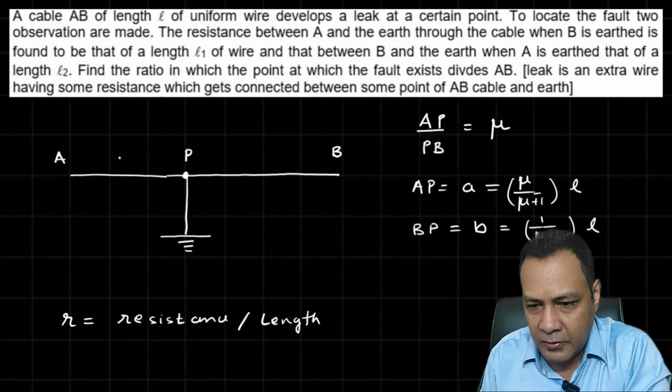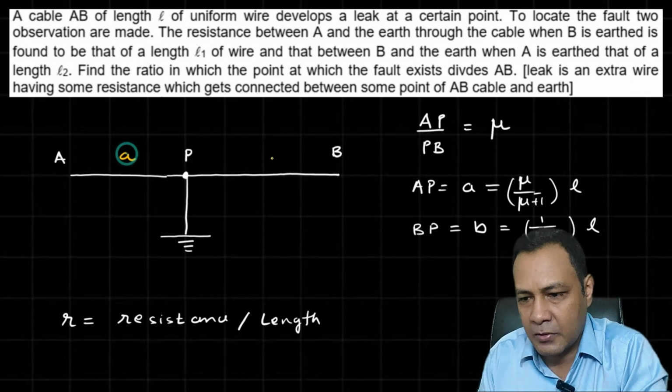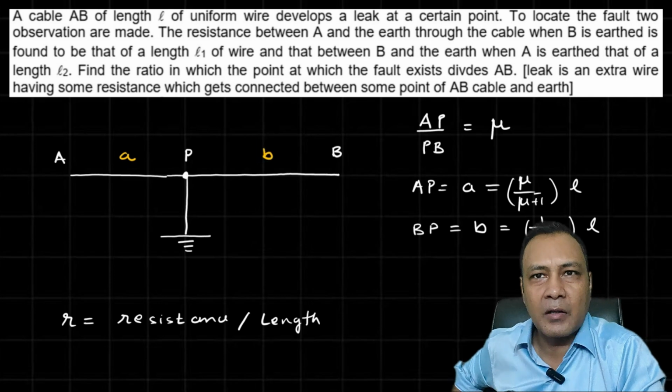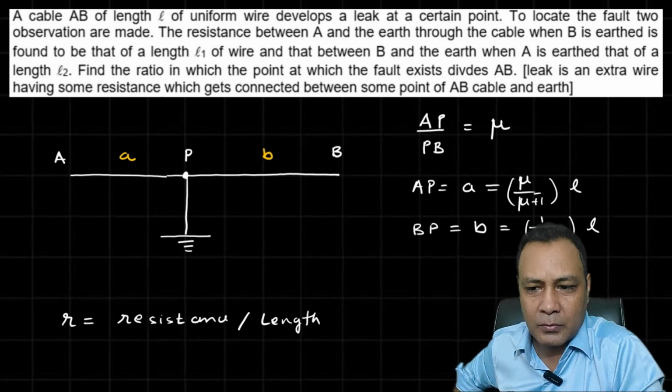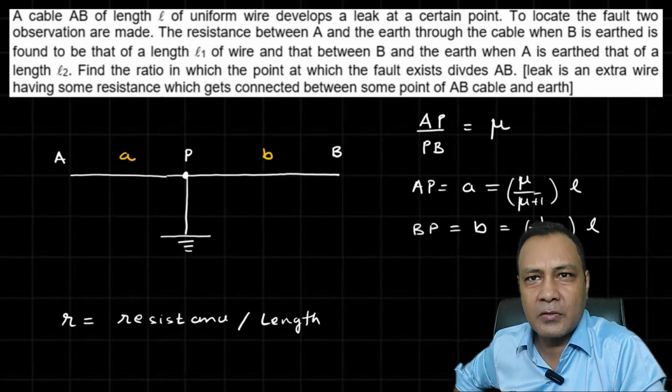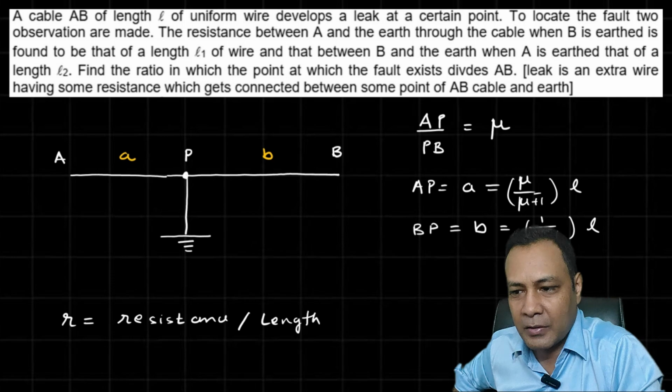So here this length is A, this length is B, and this leak wire has some resistance, so that is a fixed resistance, assuming that it is made of the same wire with the same resistance per unit length, small r.